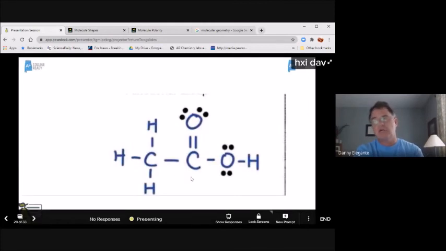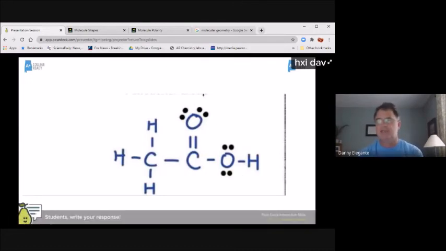All right, so last one, what is the hybridization of this oxygen on the far right? So the oxygen hooked to the hydrogen. What is the hybridization there? So again, how many things is it stuck to, plus the number of lone pairs. Hold up that many fingers.